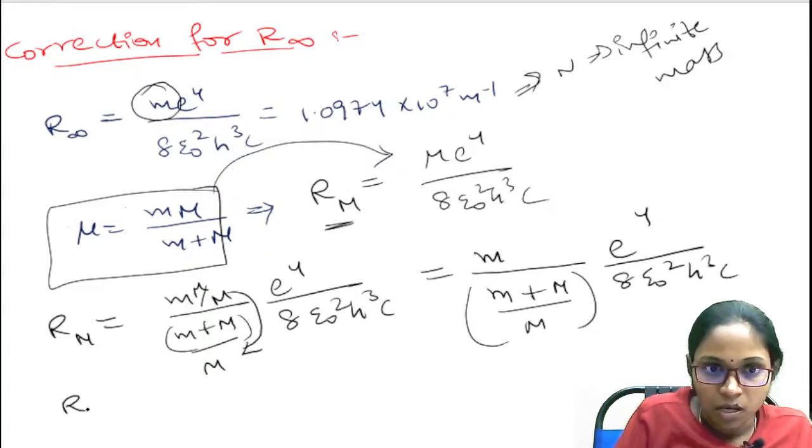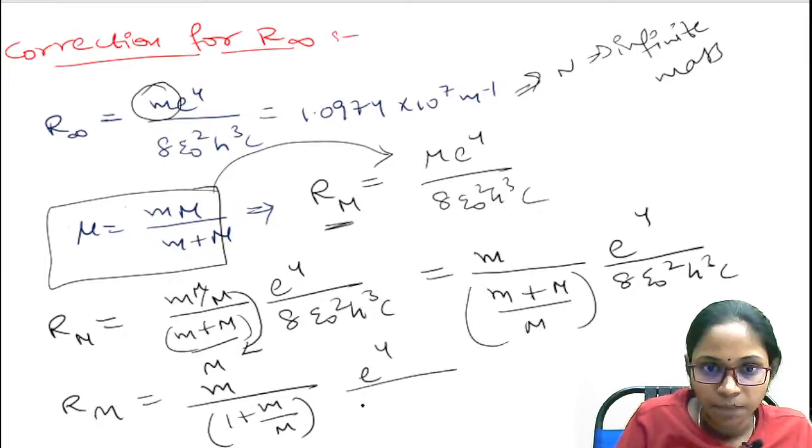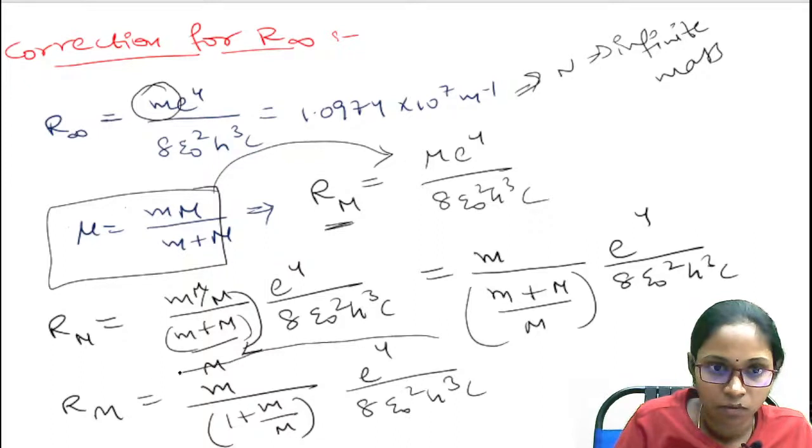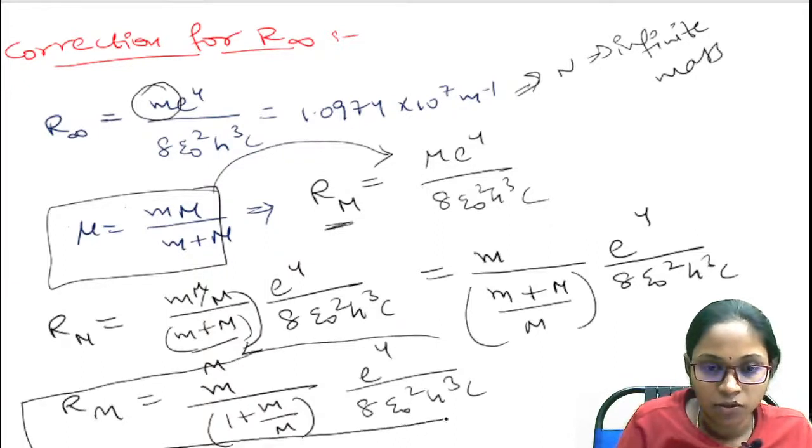Therefore this Rm value can be written as small m by 1 plus m by M. Okay, m get cancelled. E power 4 by 8 epsilon naught square h cube c. This is the reduced mass equation.